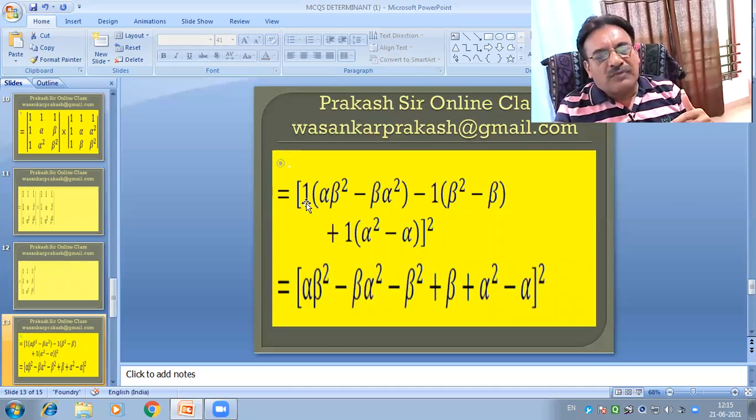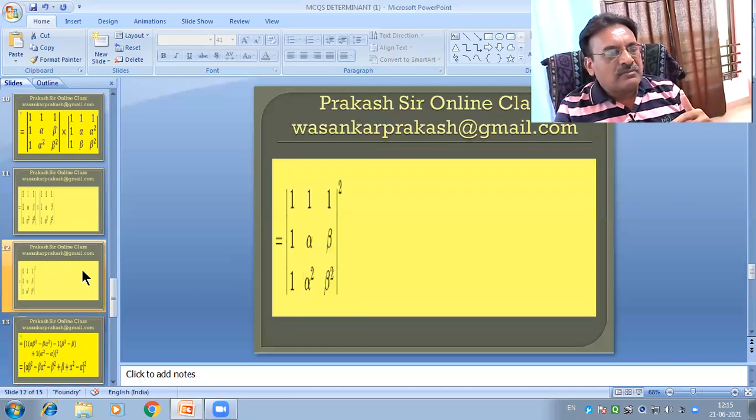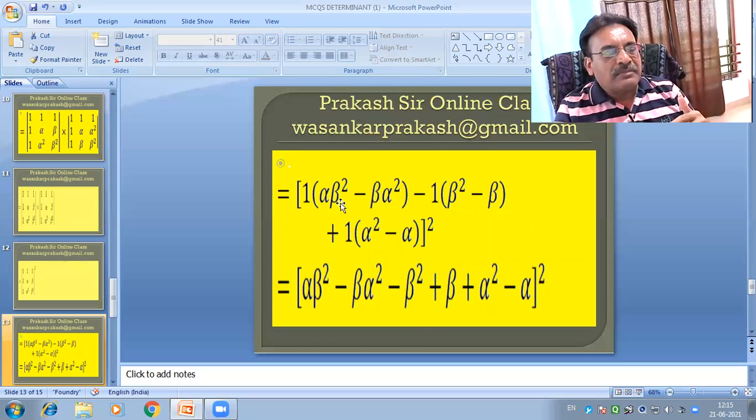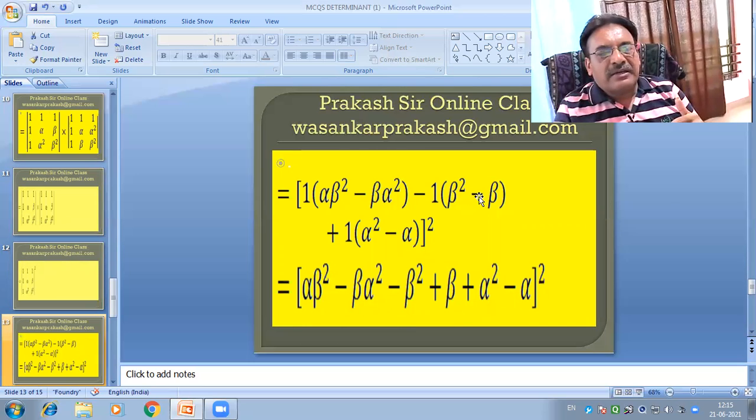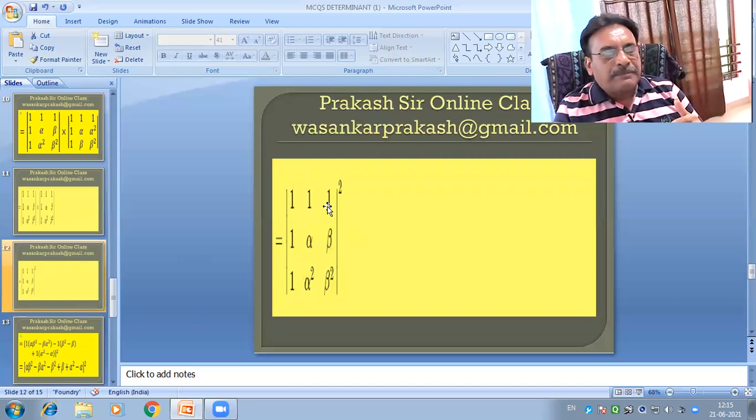So which is equal to 1 times (alpha beta square minus beta alpha square), then minus 1 times (beta square minus beta), plus 1 times (alpha square minus alpha).